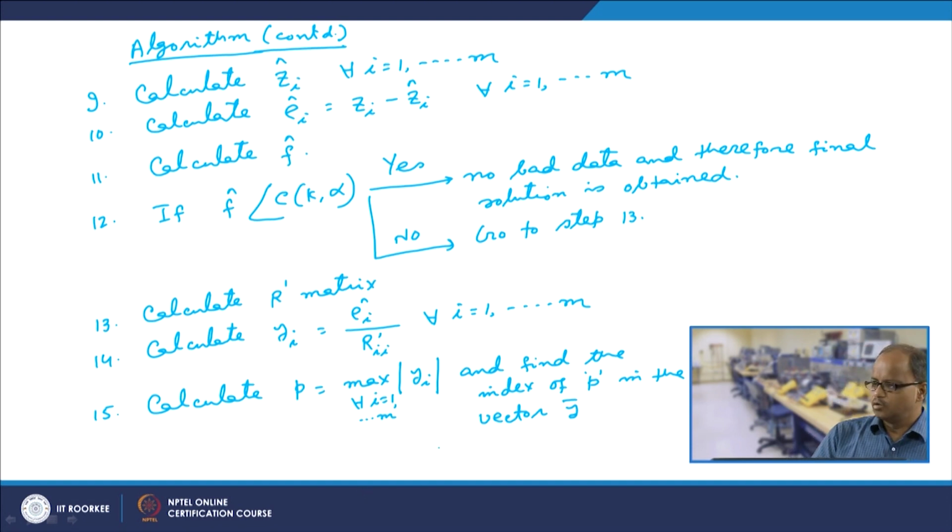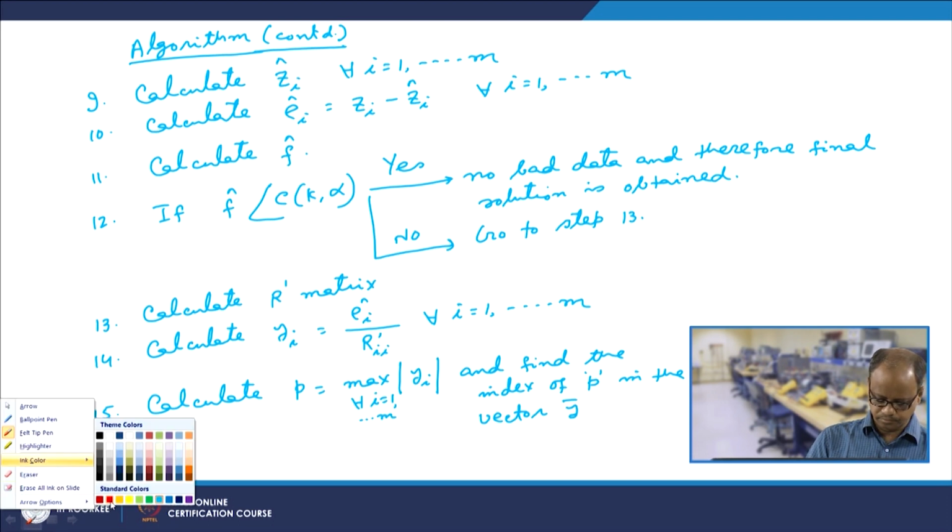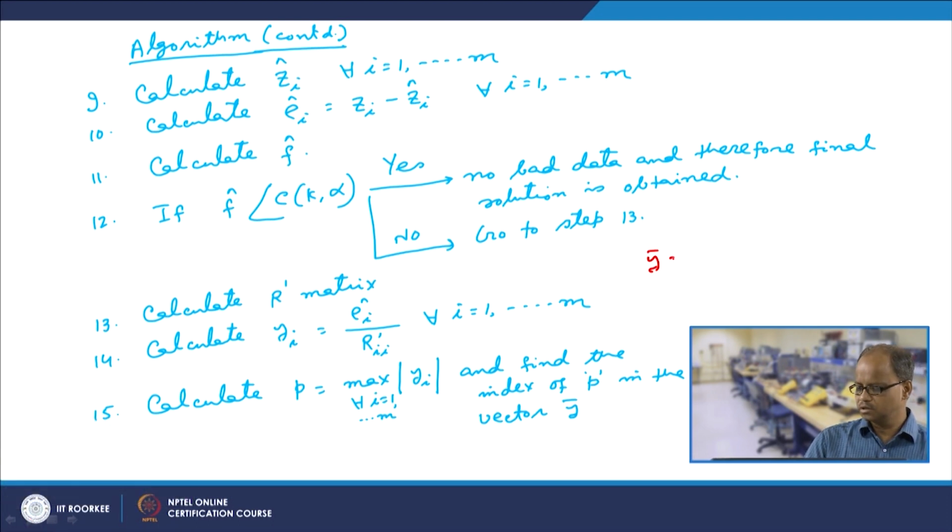What is this vector y? It is nothing but y1, y2 to ym transpose.